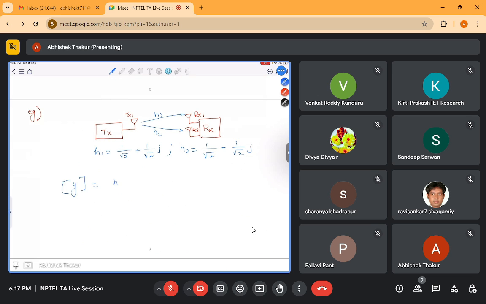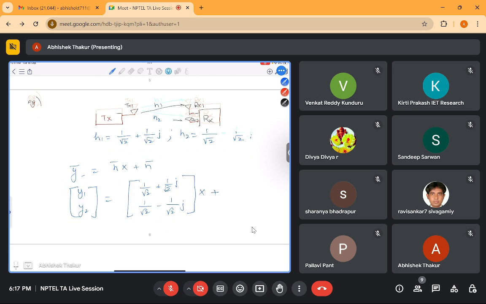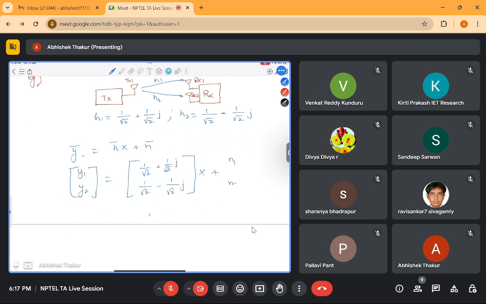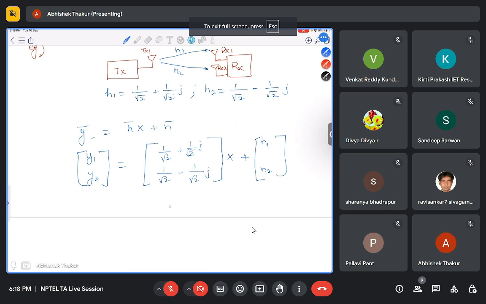Y bar is equal to H bar X plus N bar. So here Y1, Y2 is equal to 1 by root 2 plus 1 by root 2 j. So this is the equation we have studied before for the multiple antenna system.